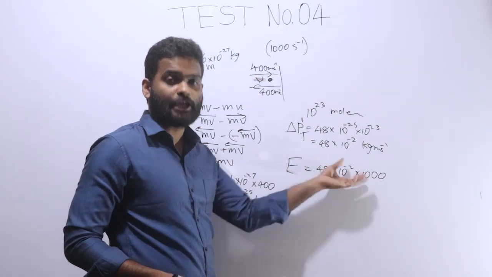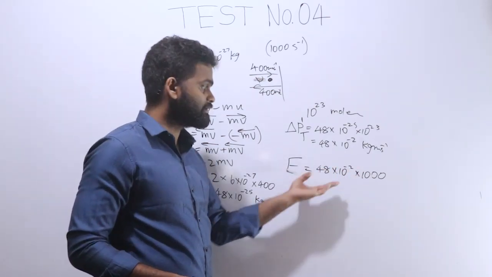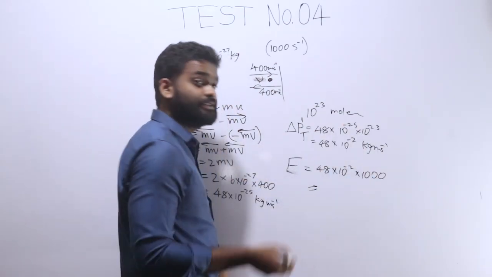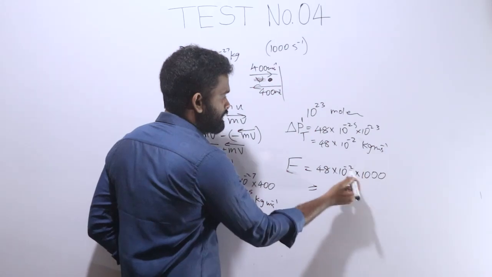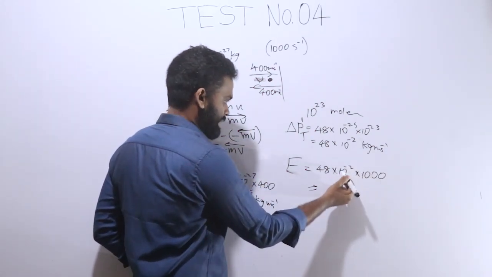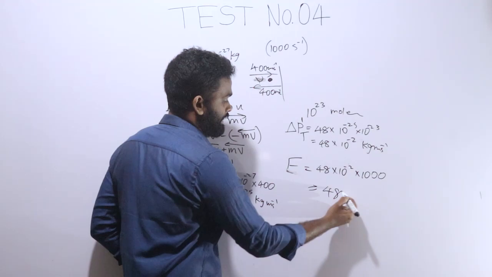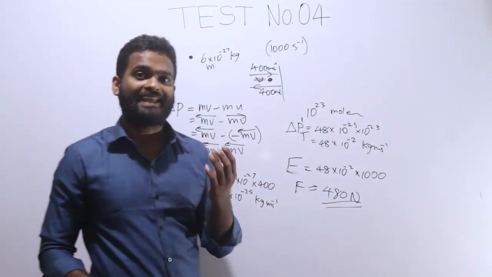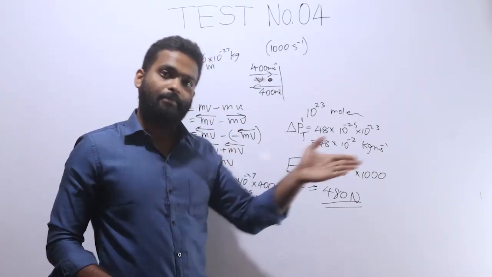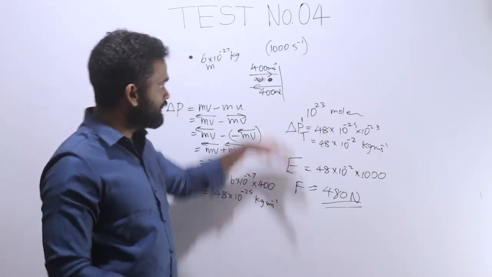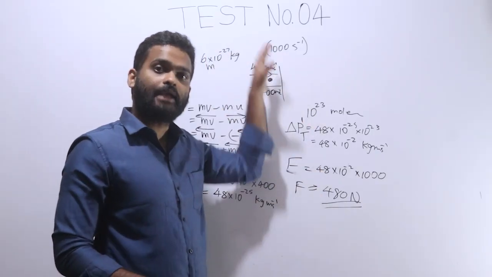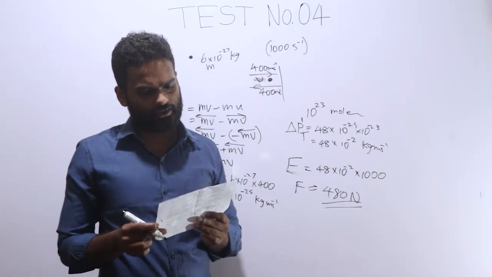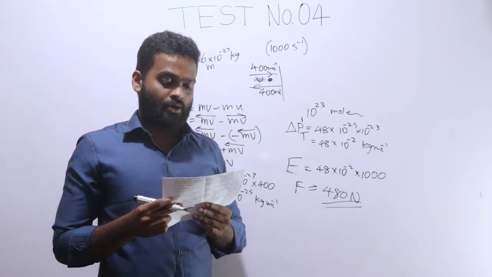So this is a rate of change of momentum, meaning this is a force. Okay, so just simplify this. This is 10 to the power 3, 10 to the power minus 2, then 10 times 48, 480. So there is 480 newtons of force applied on the wall due to all these collisions of all the air molecules. So the answer for the 15th question should be 480.